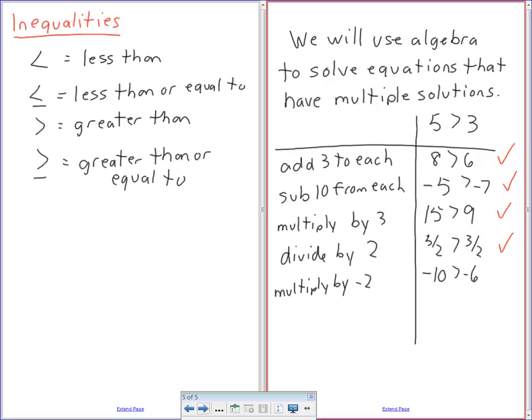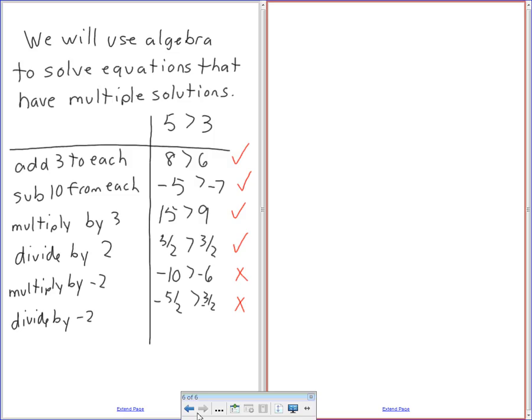Is -10 greater than -6? Definitely not. And the same thing, if we divide by -2, you're going to end up with -5 over 2 is greater than -3 over 2, which is also false. Now this gives us a major algebraic problem.